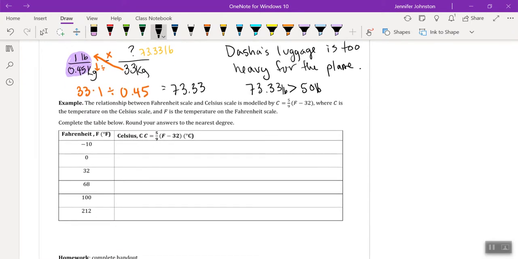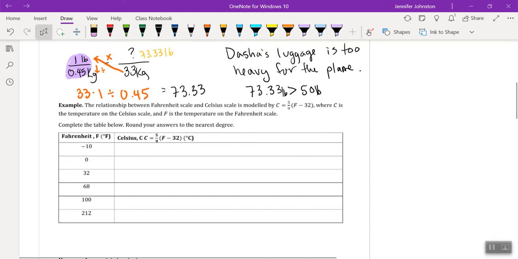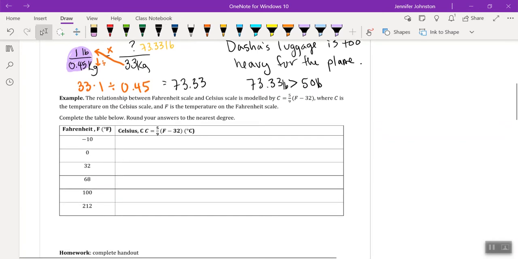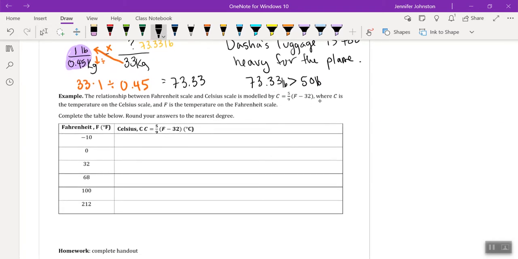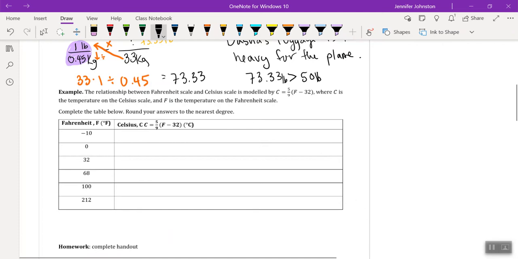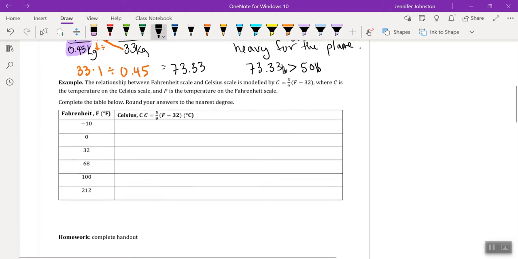All right, another example. The relationship between the Fahrenheit scale and Celsius is modeled by this equation. C equals 5 divided by 9 bracket F minus 32, where C is the temperature on the Celsius scale and F is the temperature on the Fahrenheit scale. We're going to complete the following and round your answer to the nearest degree.